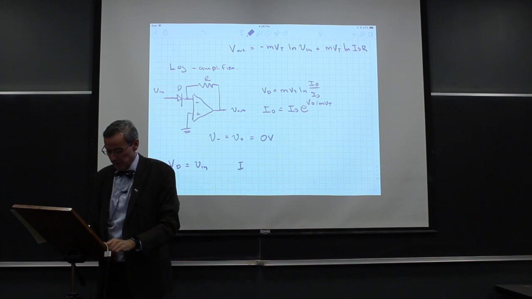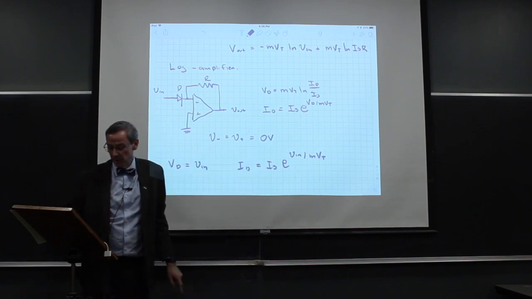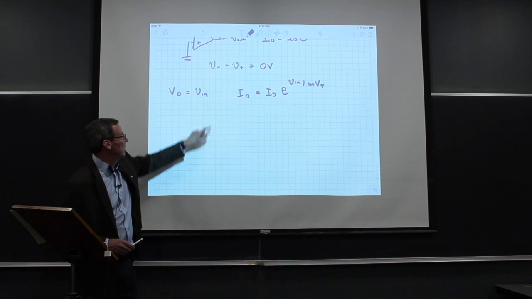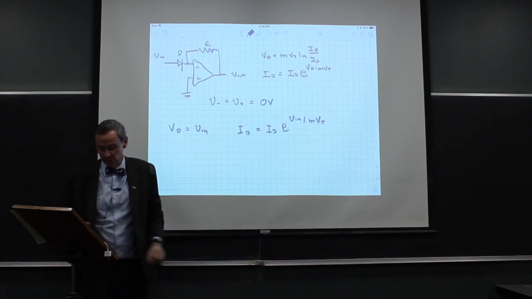So I diode is going to be IS e to the V in over MVT. There we're seeing the exponential of the input voltage. And we also now know that all of that current has to flow through the feedback resistor.